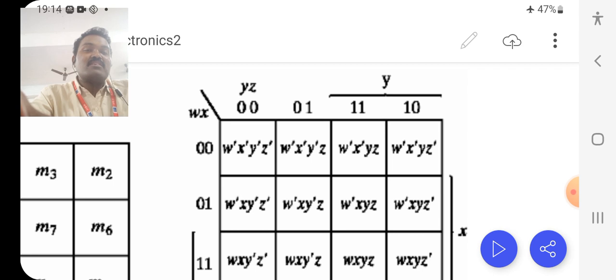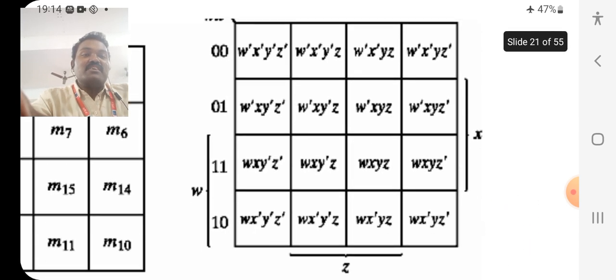Now consider column 0, 1, where the variable names outside are YZ. So 0 means the inverse of the variable and 1 means the same variable. So in the second square box I am marking W bar, X bar, Y bar, Z. Apply the same procedure and fill all the cells in the 4 variable K-map.